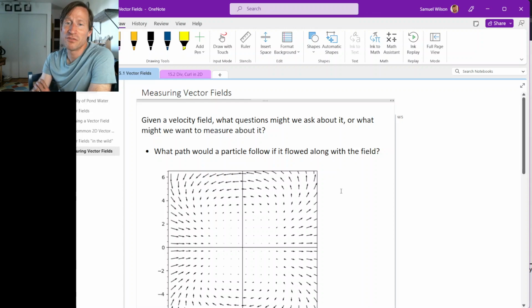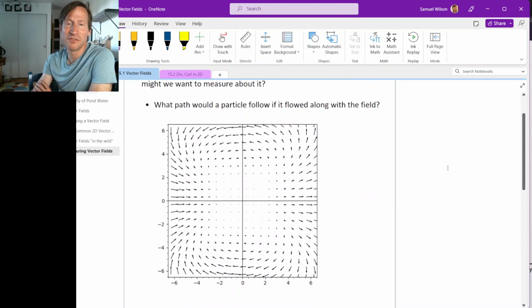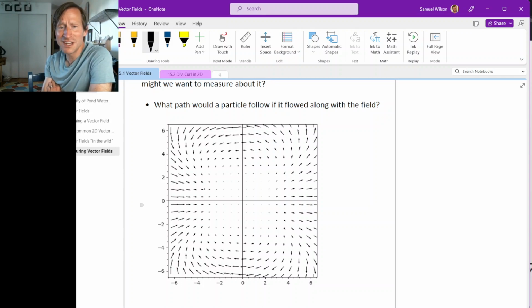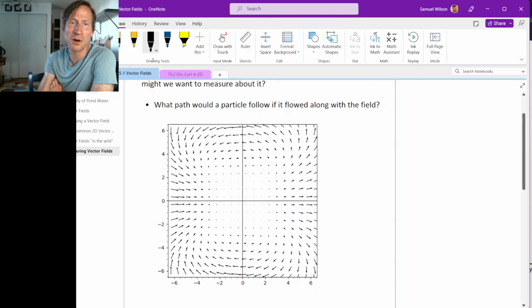If we think about the velocity field example of a vector field, if we're thinking about debris floating around on the surface of a pond, you might want to ask, well, what is the actual path that a particle would follow?